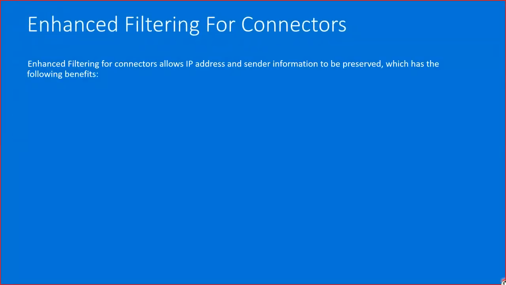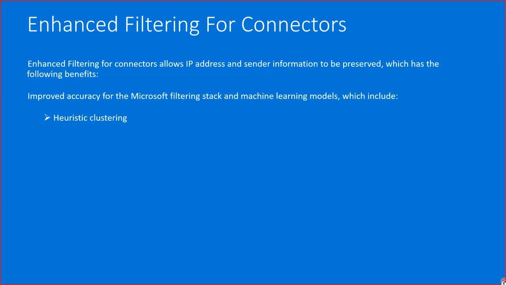With enhanced filtering for connectors, there's an option to skip IP addresses. Essentially, we can skip certain IP addresses so that the health check can be done on the real source of the email, or the sending IP address of the email, rather than the last IP address that we received the message from.